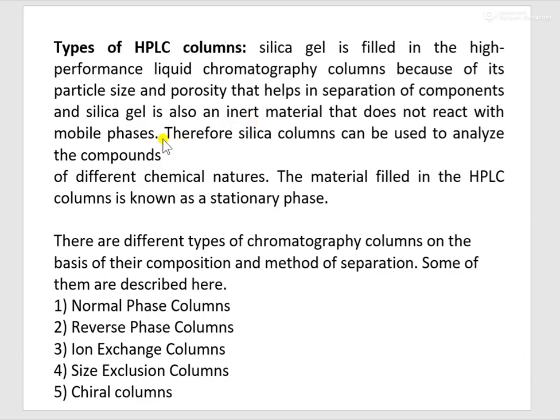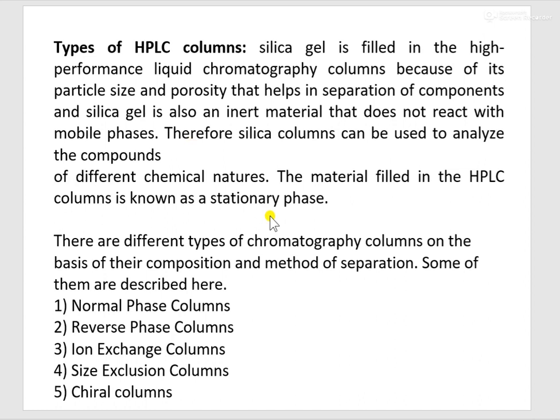So silica gel is commonly used as HPLC packing because it allows separation of components because of its particle size and porosity, and it is inert and does not react with the mobile phase.